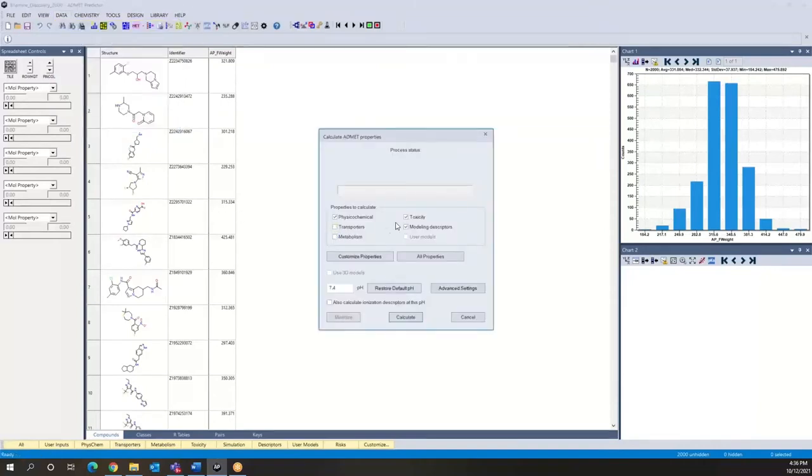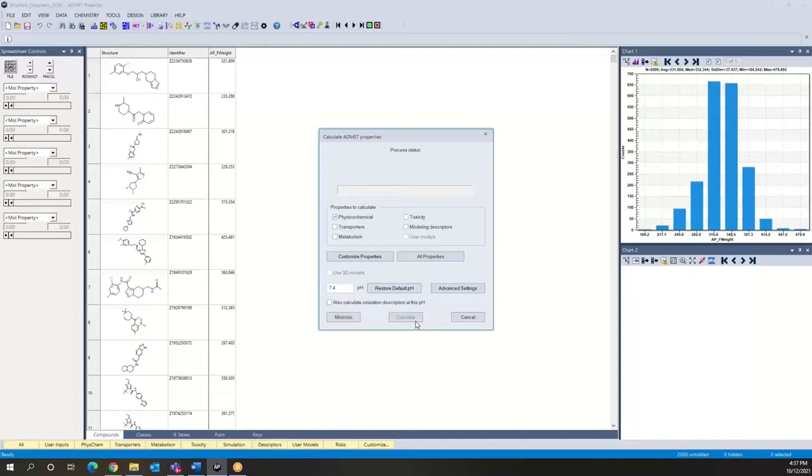We don't need transporters, metabolism, toxicity, or modeling descriptors. We just need the physicochemical descriptors. Actually, you don't need them per se to calculate HTPK parameters, because the software will run the models that it needs behind the scenes in order to fuel the HTPK calculation. However, as you will see later, we will need these physicochemical properties as part of the analysis work that will ensue.